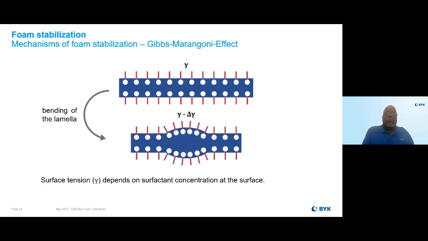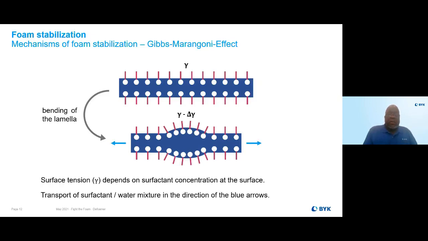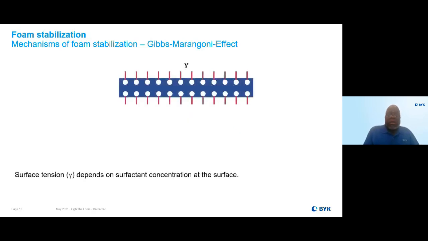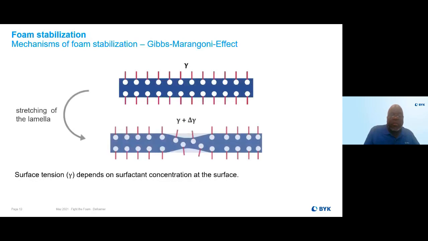So instead of a bubble breaking, a surfactant gives it the ability to bend in some cases, and in other cases, it'll stretch. But in both cases, the stretching and the bending allows the lamella to maintain shape as opposed to bursting.